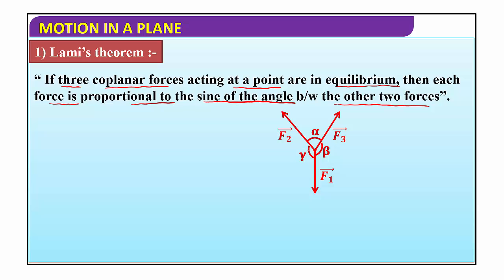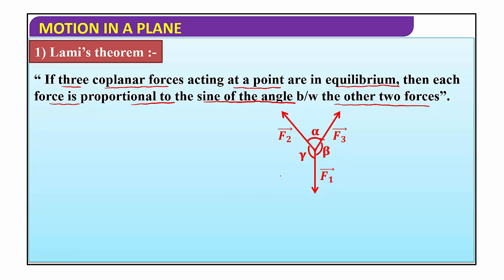For example, if I am going to consider F1, F1 is proportional to sine of the angle between the other two forces. Exactly opposite to F1 is what? Alpha. So, sine of angle alpha. If I am going to consider F3, F3 opposite is what? Gamma. Gamma is the angle between F1 and F2.